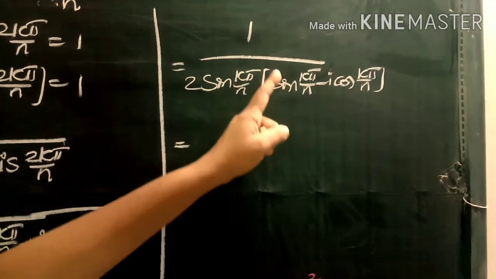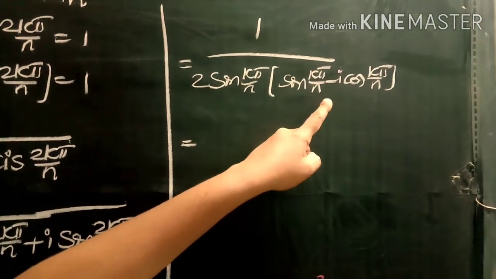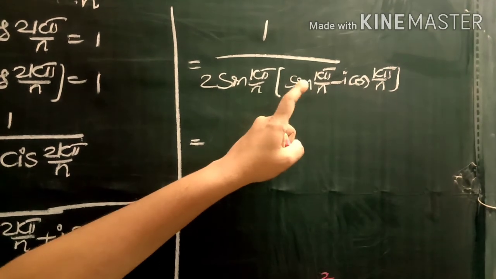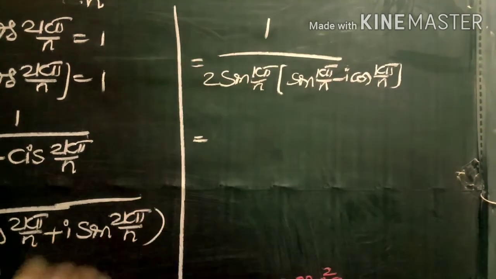Now here the denominator contains a term in the form of a minus ib, which is a complex number. So to remove this complex number from the denominator, we take the rationalization.